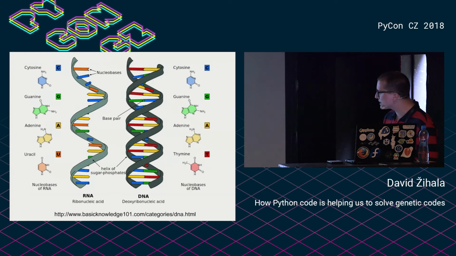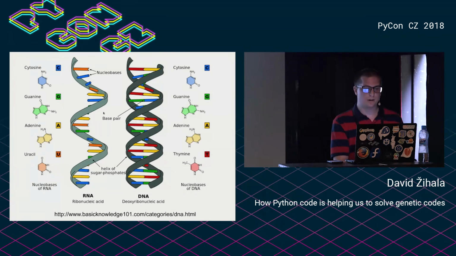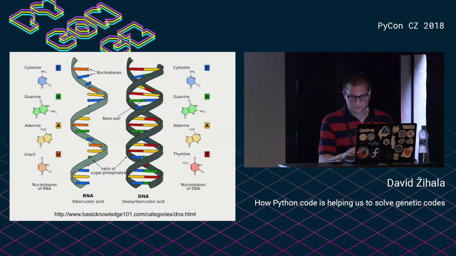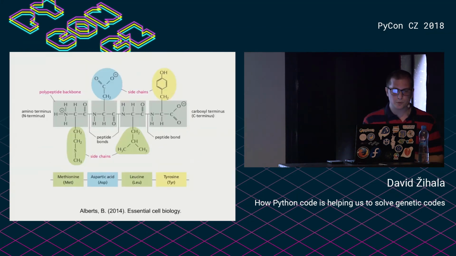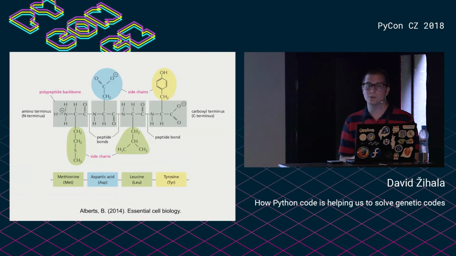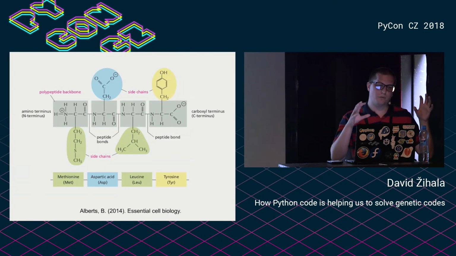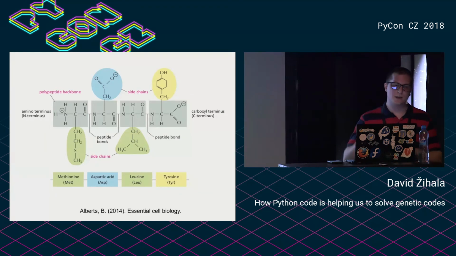And RNA is a very similar thing to DNA, but it's usually single-stranded, and instead of thymine, there is uracil, and there is also a different sugar. There is no deoxyribose, but just ribose. In the case of proteins, it's a little bit more complicated because there are not just four bases.